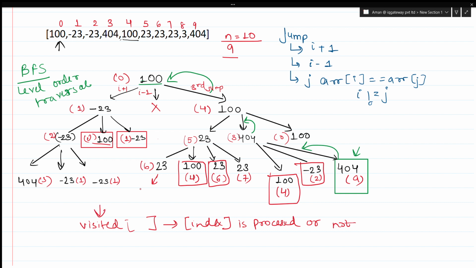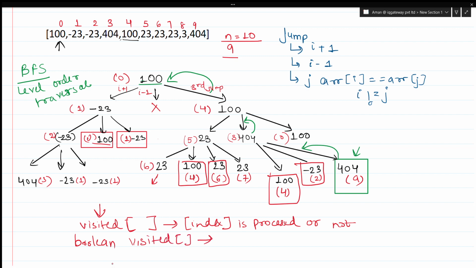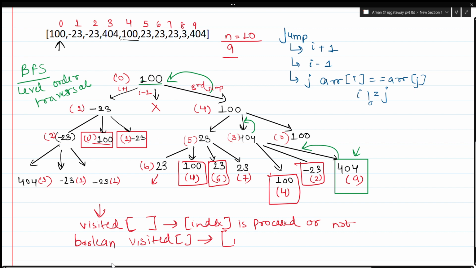So with the help of a visited data structure of any kind, let's suppose I took a boolean array of type visited, which will tell me if that is true, that means that particular index is processed, or it can be false.